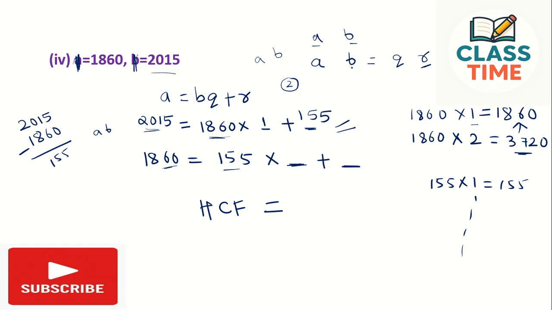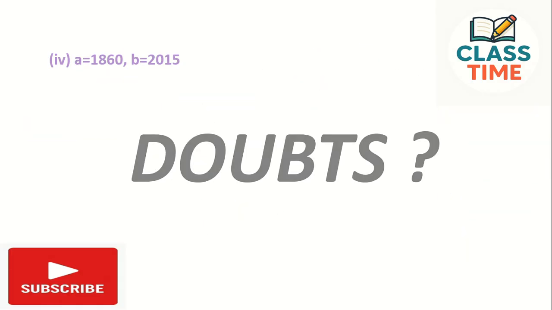The B value in the previous step will be the new A value and the R value which we got will be the new B value. We go on repeating this step till we get R equals 0. Okay, so comment down the answer of this problem. What will be the HCF? What will be the quotient? And what will be the remainder?